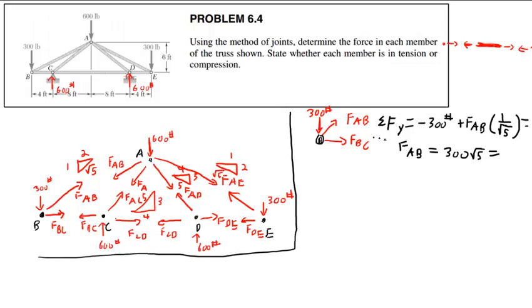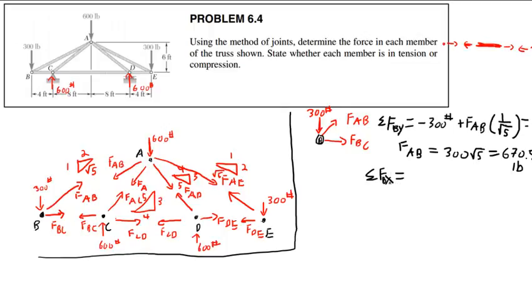Okay. 600, and that sounds about right. 670.8 pounds. Then I can simply say, all right, look at this. On the same system, sum of forces in the x direction. And if I really wanted to, I could call that, I think I will, sum of forces B in the y and sum of forces B in the x, but that's kind of optional.